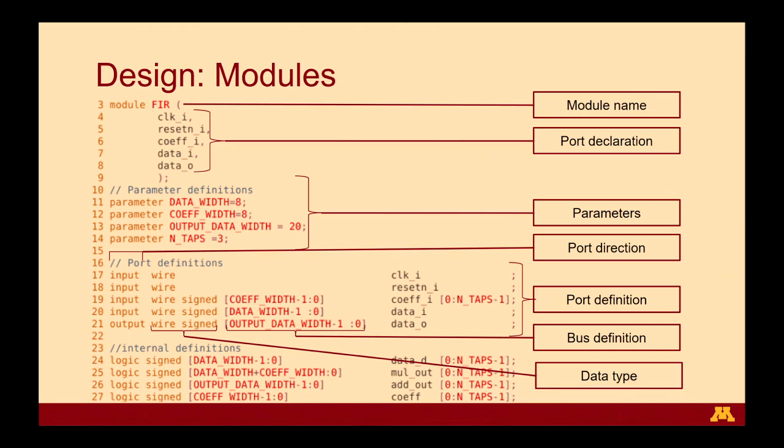Think of it as designing a black box where the inputs and outputs are the in-outs for that design, and the contents are the contents of the module. In this particular case, for your FIR, you have a clock pin, a reset pin, a pin to take the coefficients for your FIR, two data buses to take your input data, and a data bus to give you your output data.